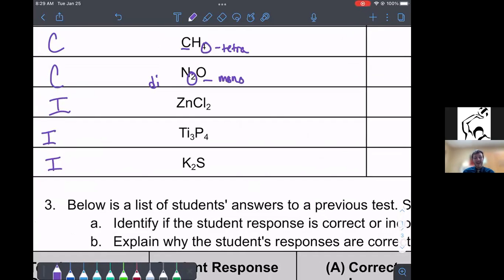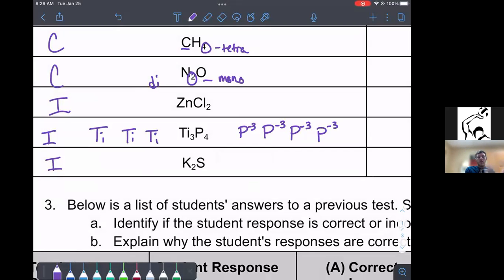So we have titanium and we have phosphorus. But a titanium, if we flip it over, does need Roman numerals. And so we got to check our charges. So we know that phosphorus is going to have a -3 charge, and we need 4 of them. And we need 3 titaniums. And so we have -12.